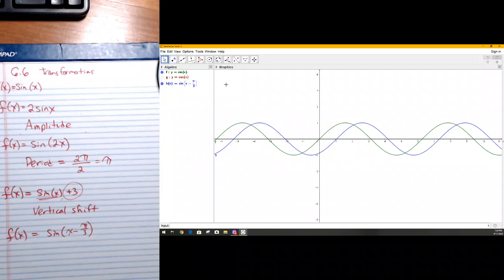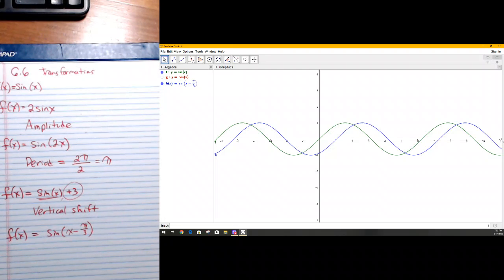And we can see what happened to that graph. Because it was negative here, it moved it in the positive direction. We learned this in our transformations back in chapter 2. So if we look at our graph, we can see that it shifted pi over 3 to the right. And pi over 3 is just over 1 here. So instead of starting at 0, it's starting at pi over 3, and then we've shifted it just a little bit.